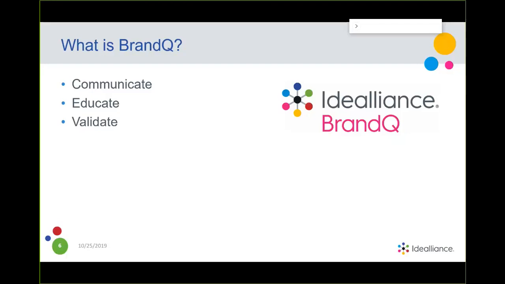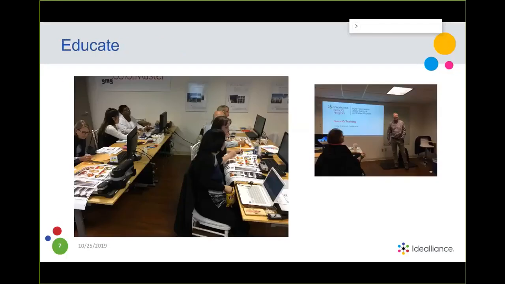The third component of it is to validate. And Idealliance does quite a bit of that, from teaching people how to validate themselves to other large brands that Idealliance actually does some measurement and validation for. A couple pictures here. This is education. This is one of our BrandQ classes, showing pictures of print buyers and creatives, and they're learning how to measure.